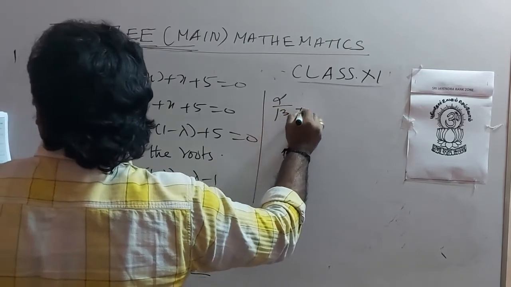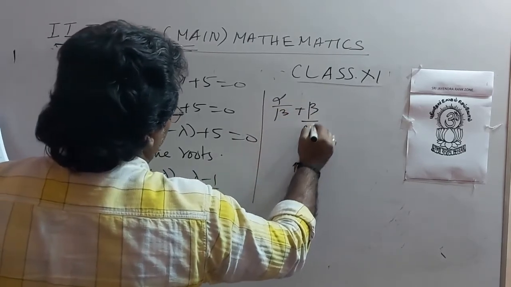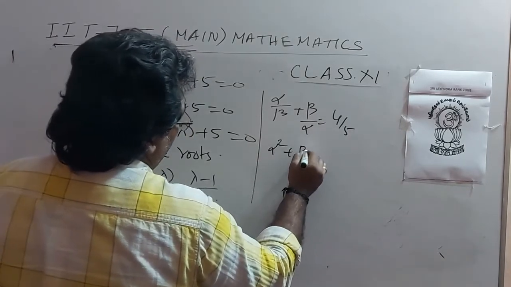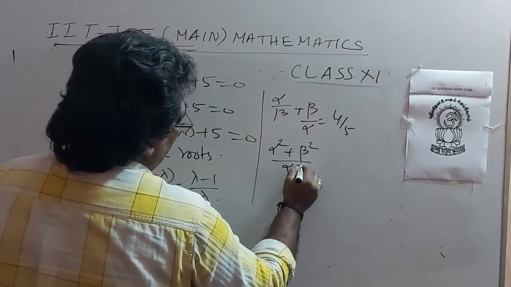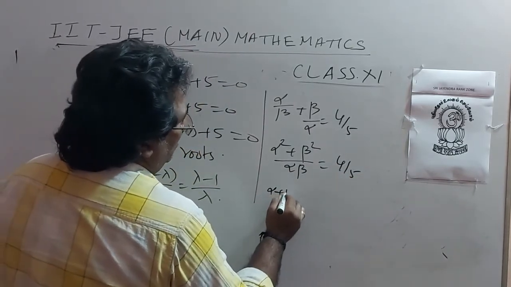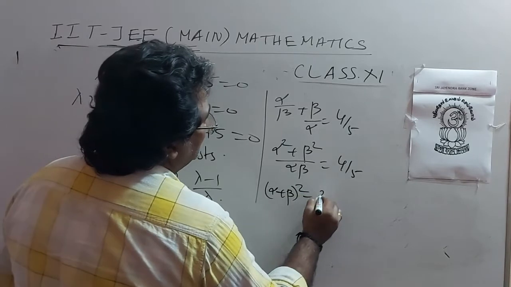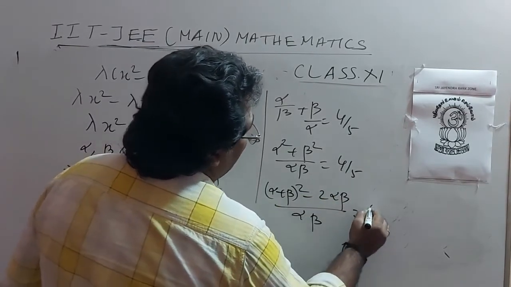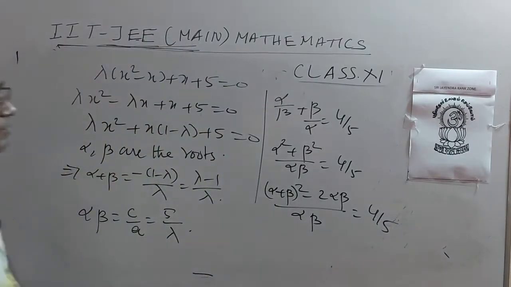Alpha by beta plus beta by alpha equals 4 by 5. Alpha square plus beta square by alpha beta equals 4 by 5. So (alpha plus beta) whole square minus 2 alpha beta, by alpha beta, equals 4 by 5.